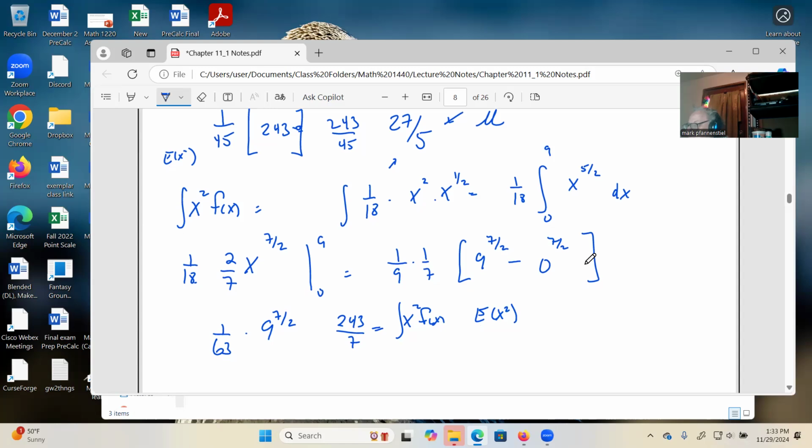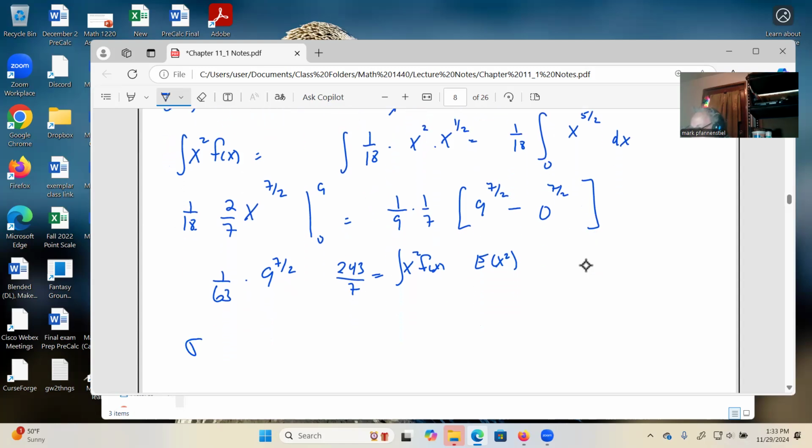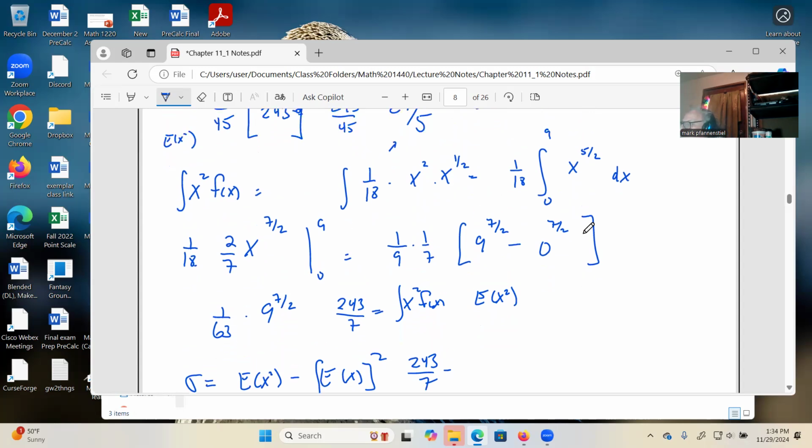Okay, now what was standard deviation? Standard deviation is E of x squared minus E of x, squared. Okay, it's an easy way to remember it. So we go over here and we say, okay, well, this was 243 over 7 minus, again, we worked this out before, and what was my average?